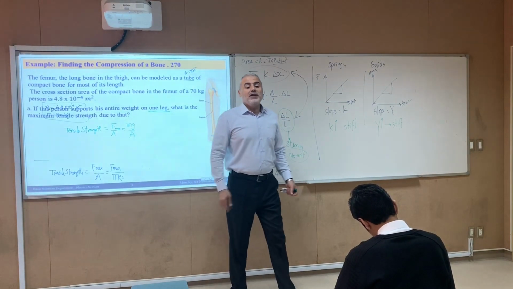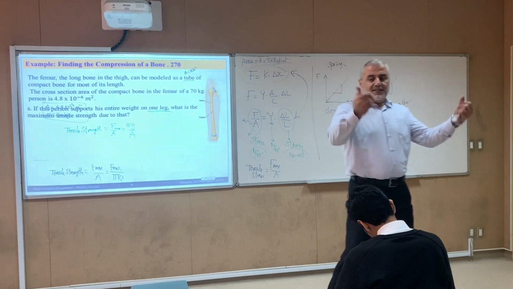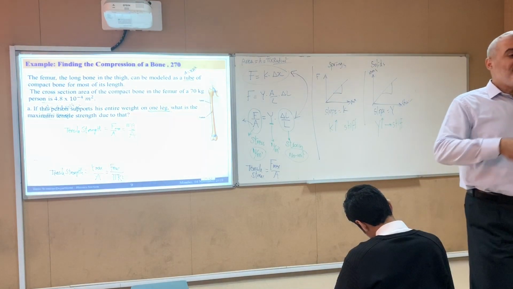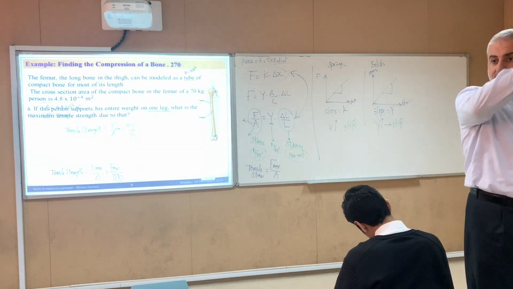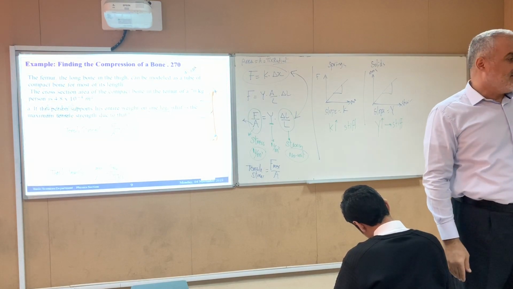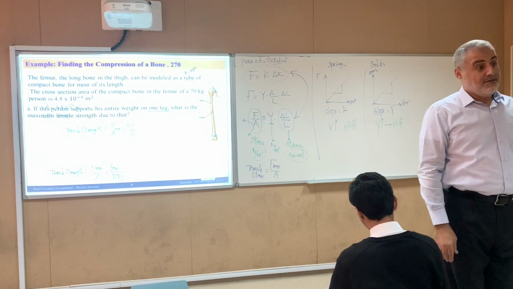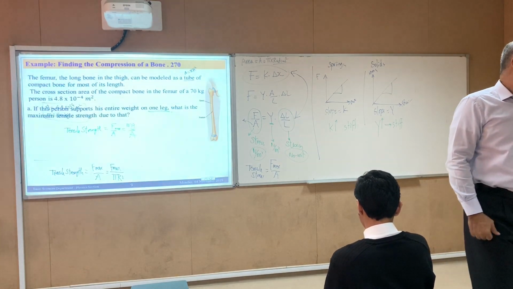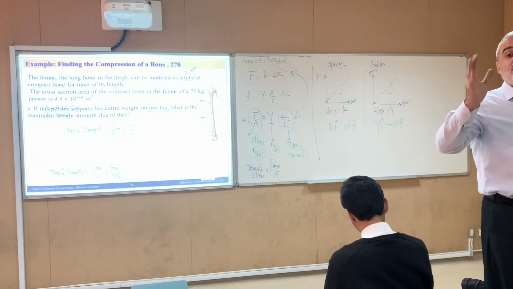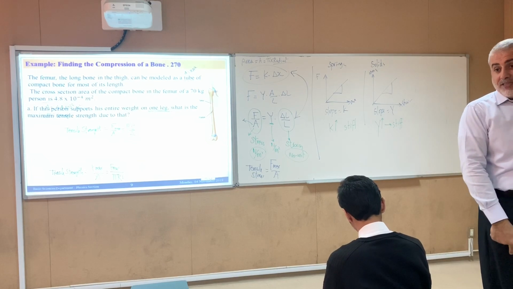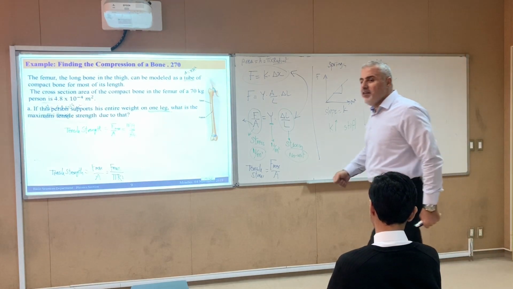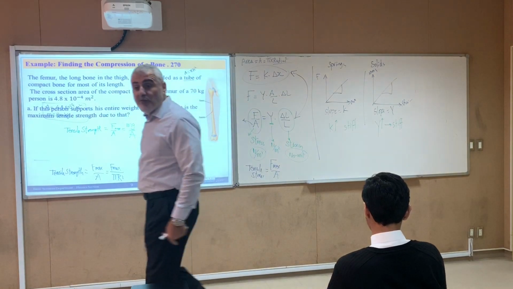Ask yourself, if you run for a certain distance, and you stand like this, which one makes you feel tired? You stand still, because here you concentrate all your weight on one foot. When you run, I don't have this type of stress.